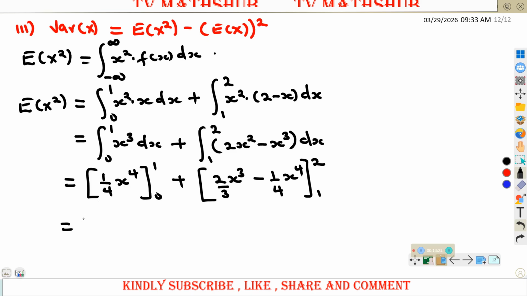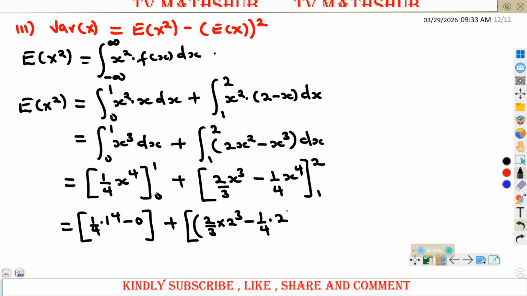When you put 1, this will remain as a quarter times 1 to the power 4, then minus 0, and then plus, we begin by putting 2 over 3 times 2 to the power 3 minus a quarter times 2 to the power 4, then minus 2 over 3. When we put 1, it will remain 2 over 3, minus a quarter.